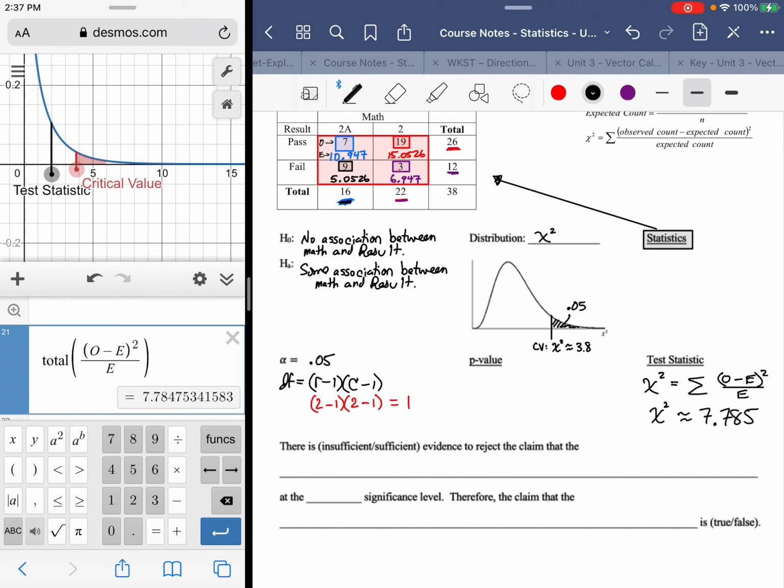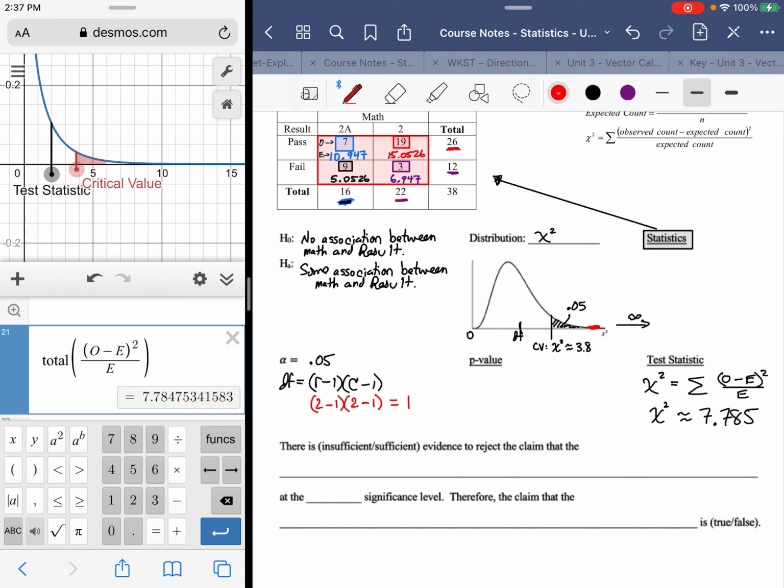We have 0 over here, and the degrees of freedom in here. 3.8 is the cutoff between the non-rejection region and the rejection region. We know that this goes out to infinity. So we know our test statistic is probably going to be in here somewhere.